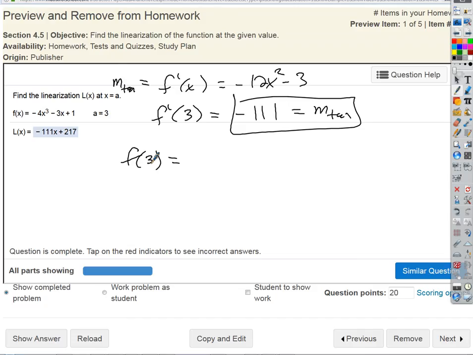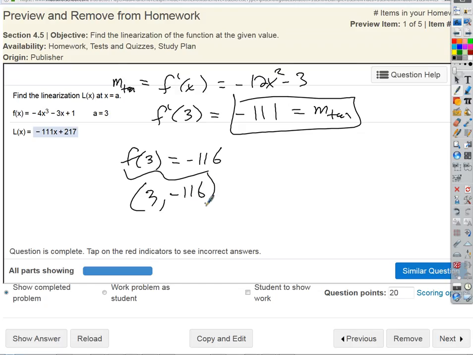What's it going to give us? Negative 108 minus 9 plus 1 is minus 8, so negative 116. So what's that tell us then? That tells us that the point of tangency is (3, negative 116).